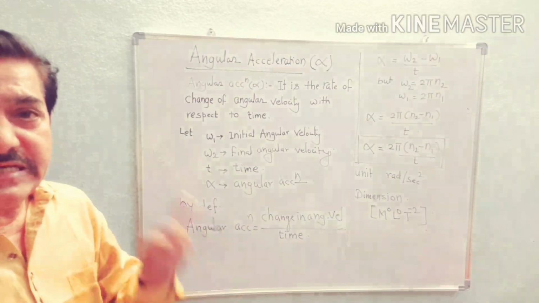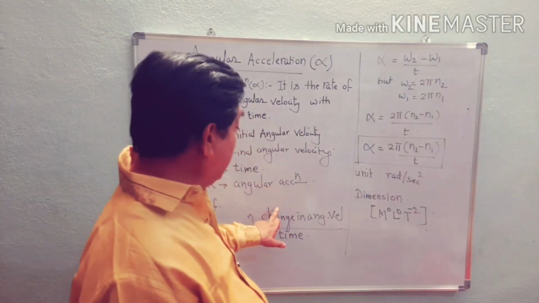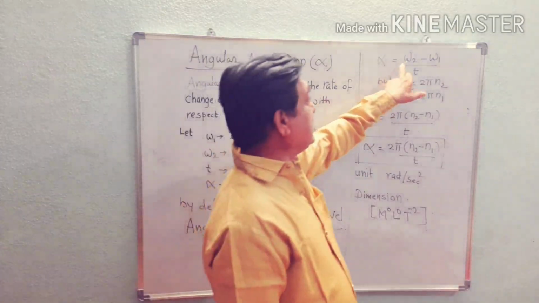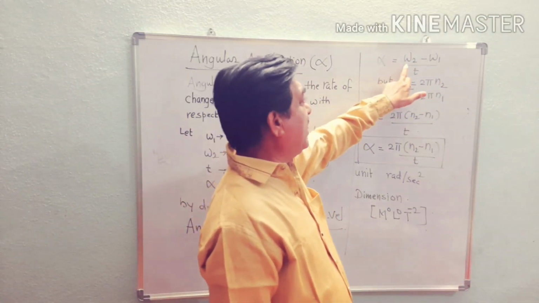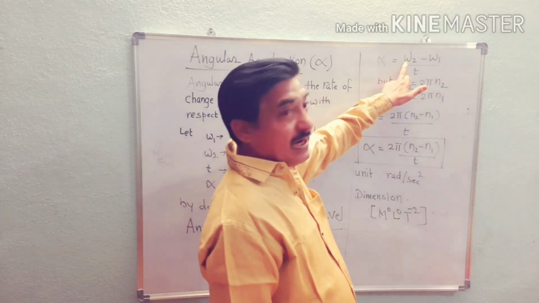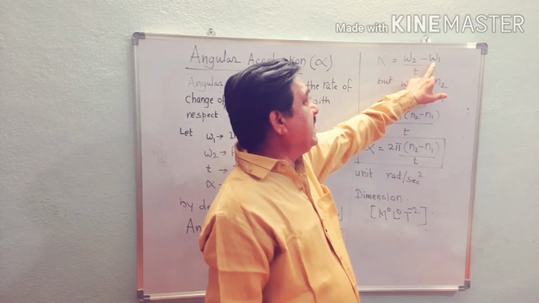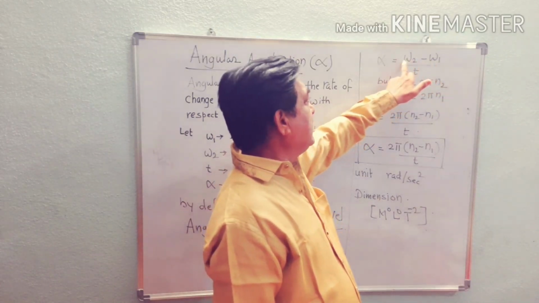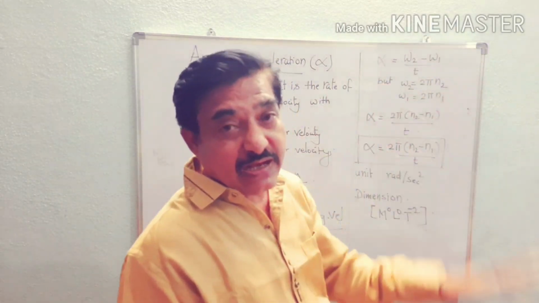So what is the change in angular velocity? Change in angular velocity is final angular velocity minus initial angular velocity. So alpha is equal to omega 2 minus omega 1 upon t, where omega 2 is the final angular velocity, omega 1 is the initial angular velocity. This omega 2 minus omega 1 gives the change in angular velocity.